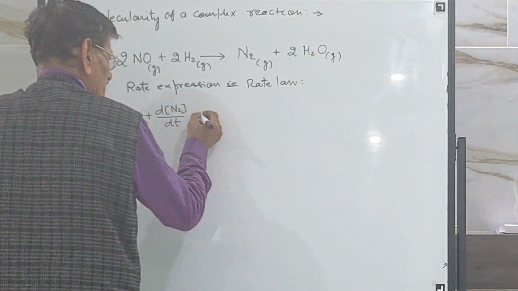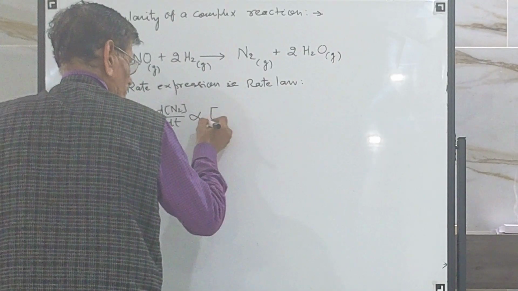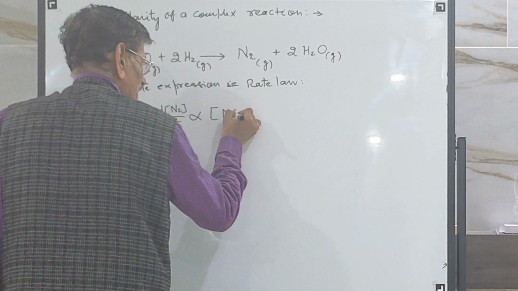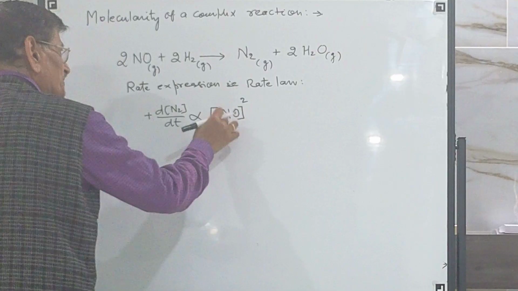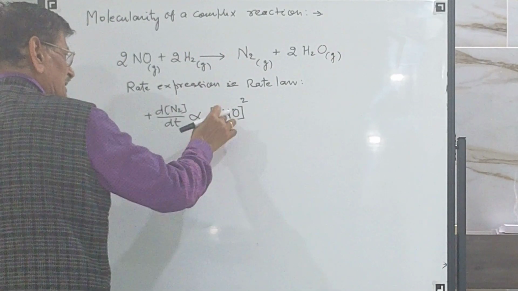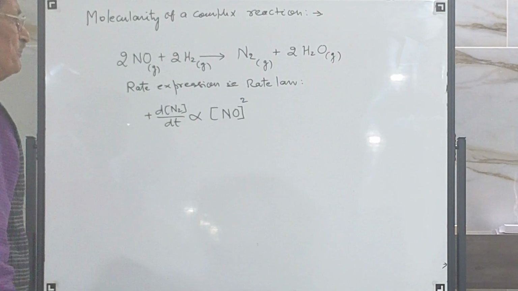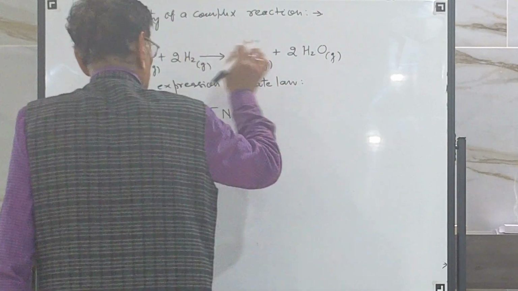This means the rate of formation of nitrogen is proportional to [NO]², where square brackets mean molar concentration. When this is doubled, the rate will increase 2 squared, that is 4 times, when the concentration of hydrogen is constant.